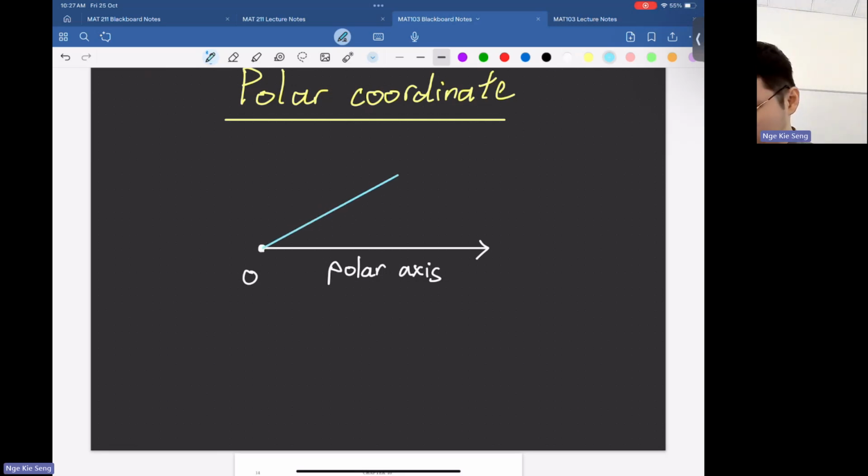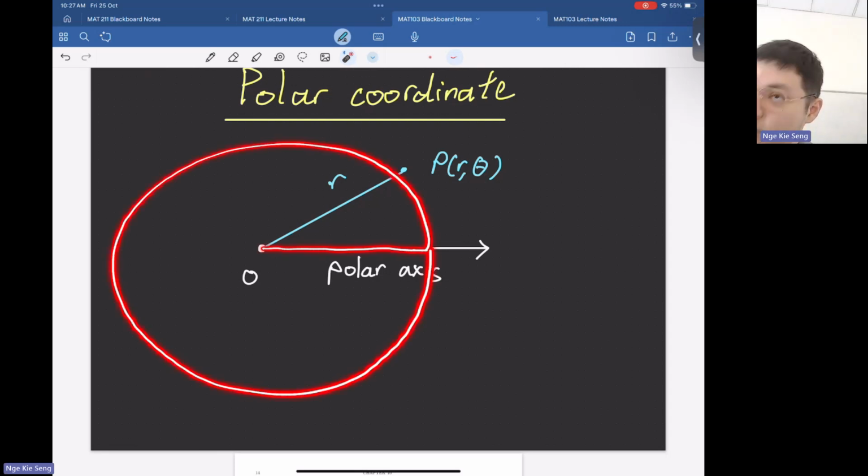Can you imagine what I'm talking about? If you take a different radius length of the positive x-axis, it can swipe out a region, a circular region.